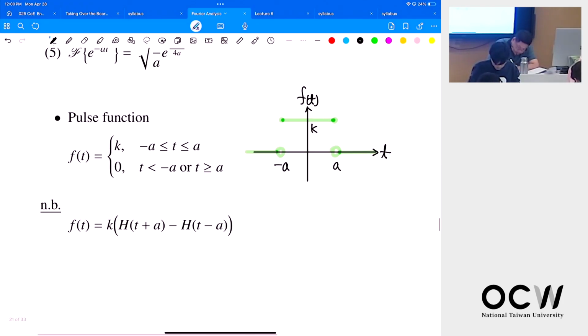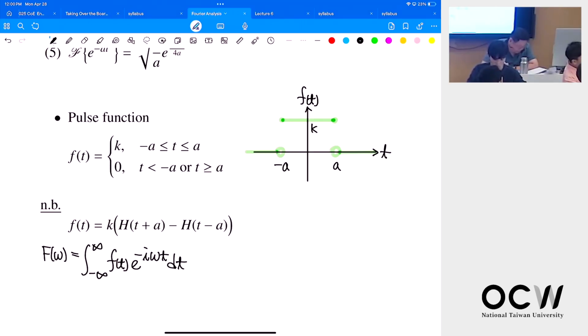So F of omega is the function times e to the minus i omega t dt. I only have values between minus a and a, so the integral from minus a to a of k times e to the minus i omega t dt.